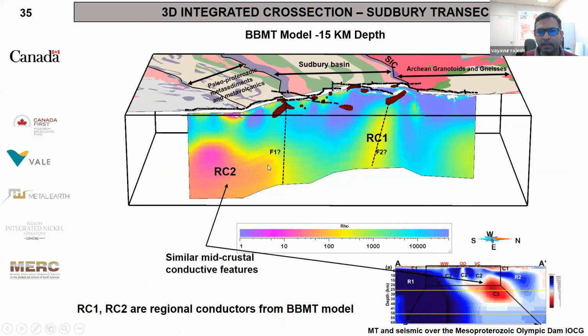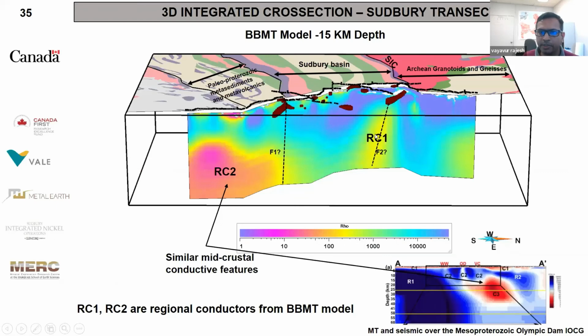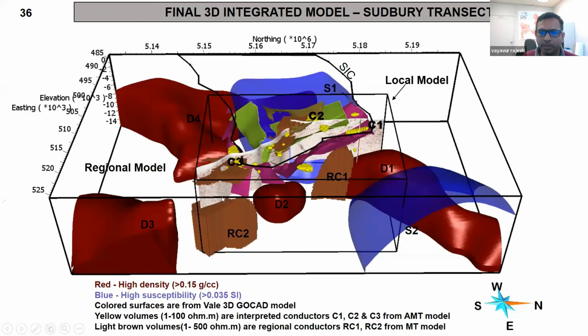So these faults may act as conduits, a fluid flow path, for these deep conductive features to the shallow connector features. If I put these conductive features in the 3D model, you can see it nicely sits below the shallow connectors here. So now we can see a comprehensive 3D geological model of the Eastern Sudbury Basin.